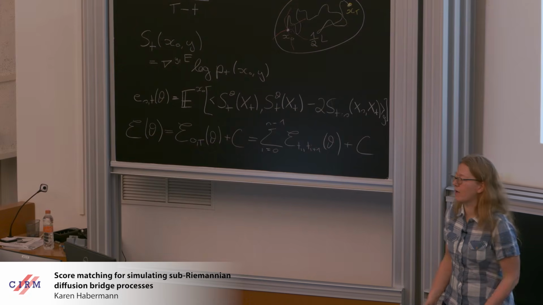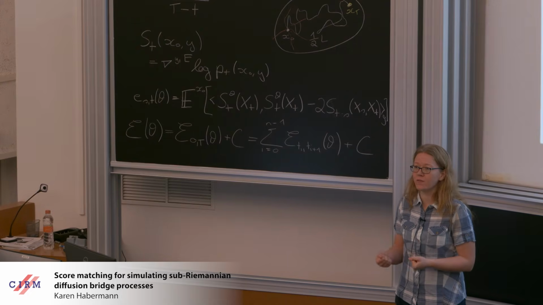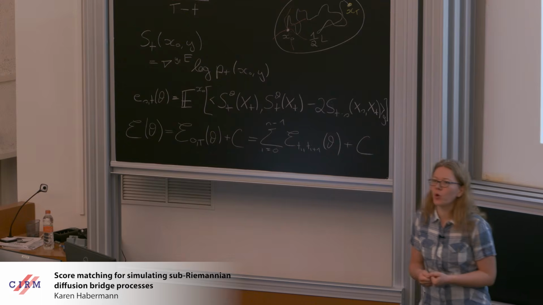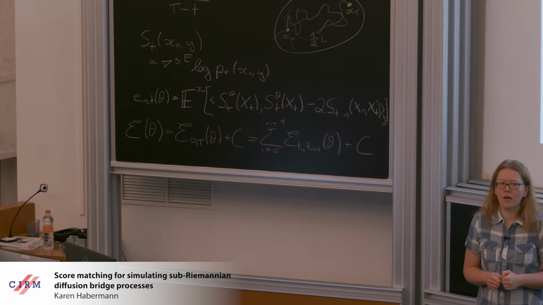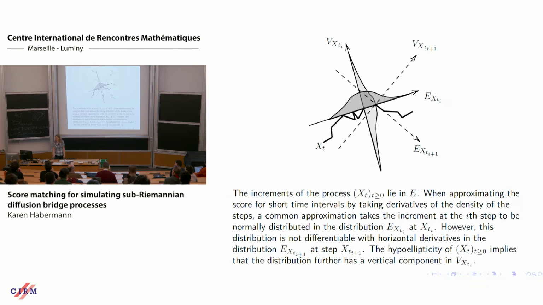For instance, in the Euclidean case, for t minus s very small, your steps look Gaussian-like. So you have a rough idea of what's going to happen, and this has been very successful, and people have used this kind of approximation in the Euclidean setting to obtain good approximations for bridge processes.